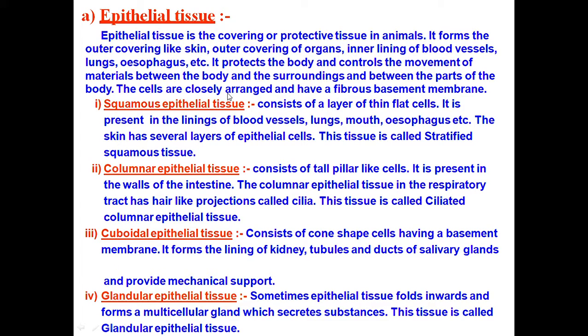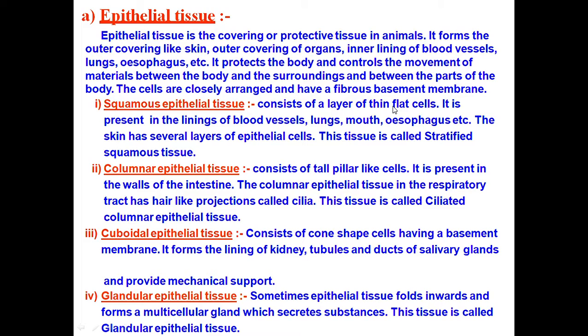If you see the structure of these cells, they are very closely arranged. They do not have intercellular spaces, and they also have a fibrous basement membrane. Now it has different types. First of all, squamous epithelial tissue. It consists of a layer of thin flat cells.